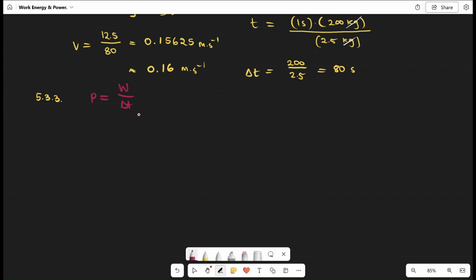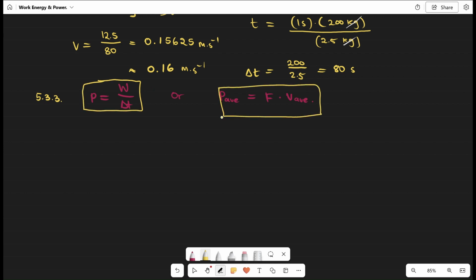Or we can say the average power is equal to the force times the average velocity. These are the two formulas available to calculate power.